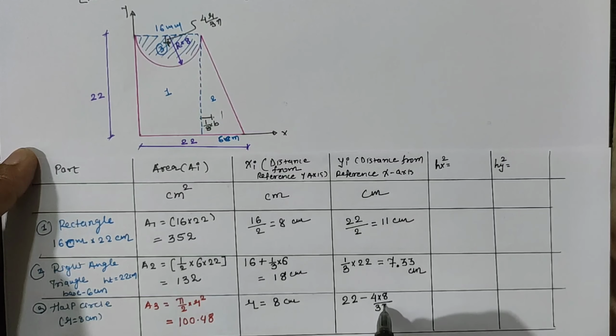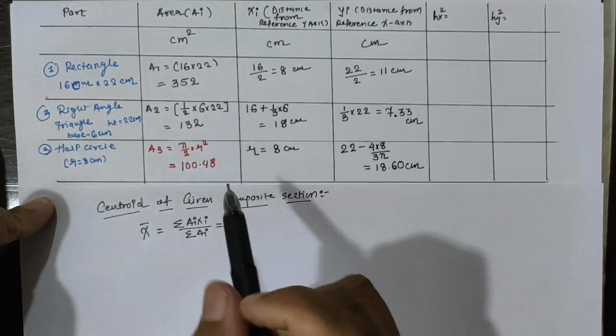For the centroid of the given composite section, the CG distance with respect to the y-axis is x bar, and the equation for x bar is sigma AiXi divided by sigma Ai, where we have to calculate the algebraic summation of all the terms. It means that the part of the assumed area is removed from the actual area.